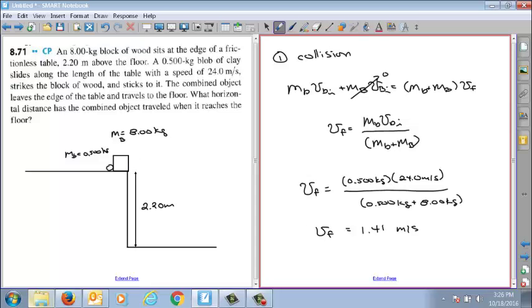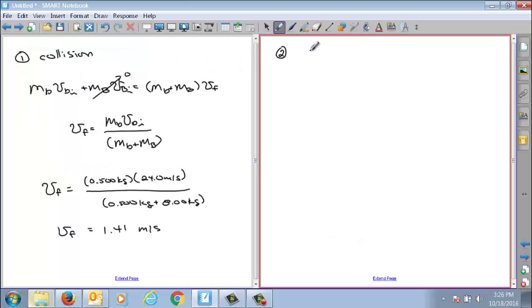Okay, so that's the final velocity of the blob on the block after it sticks to it. Now, this second part is the projectile motion. Let's use v0 because that's kind of what we use. So we've got v0x and v0y.